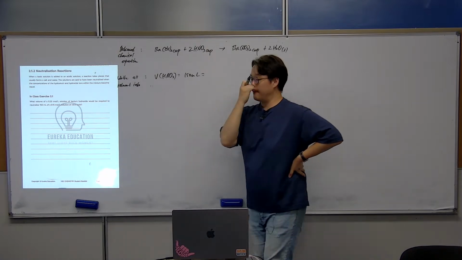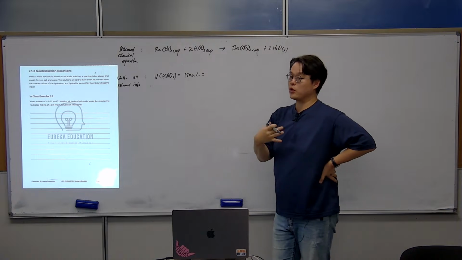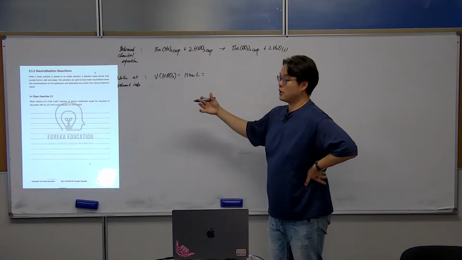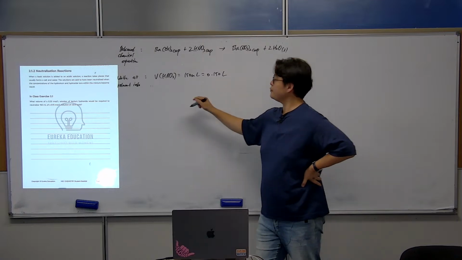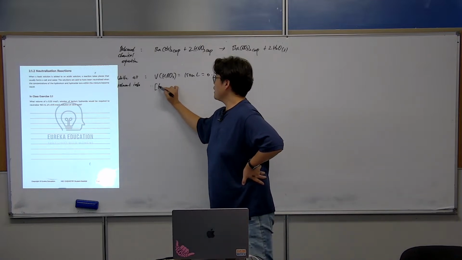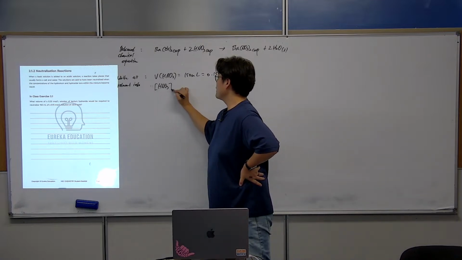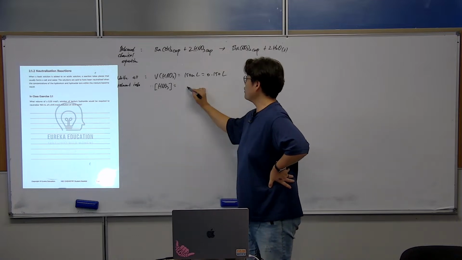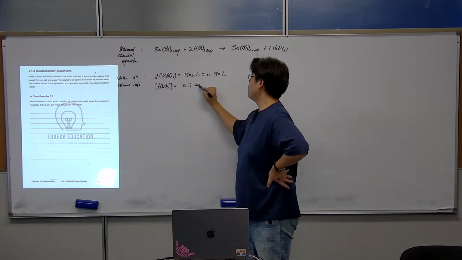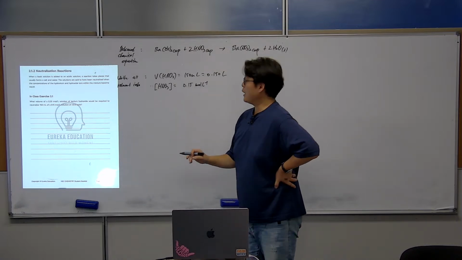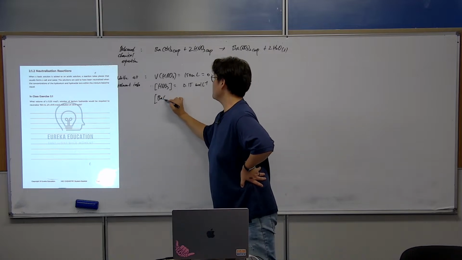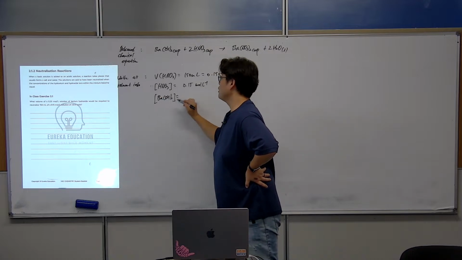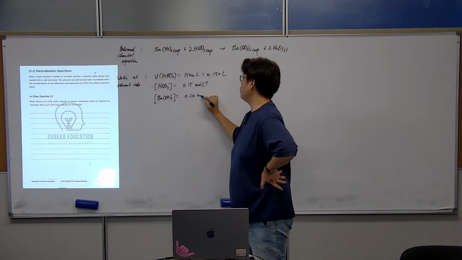Don't leave your unit in milliliters because we don't use that in calculations. We have to convert it into liters with the significant figures given. The concentration of the HNO3 is also given as 0.15 mole per liter, and the concentration of the barium hydroxide is 0.20 mole per liter.